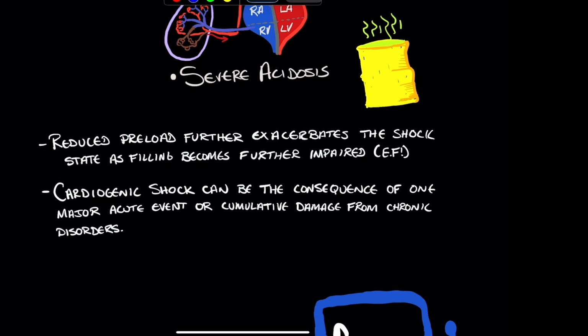But another thing to think about too is if you have somebody who's had cumulative atherosclerosis or maybe prolonged angina or repeat episodes of angina where they've damaged the cardiac tissue on a more chronic long-term level, they can still develop cardiac dysfunction to the point where they'll get cardiogenic shock. It just might not be one massive or sudden problem that leads to it.